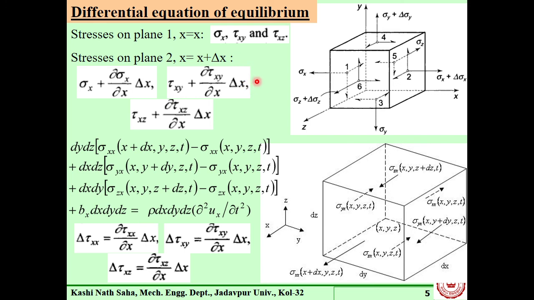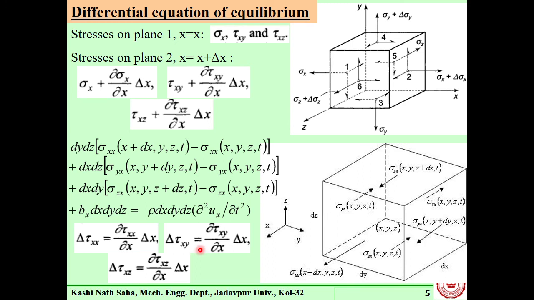This has to be delta y, this has to be delta z, because this variation is along x and y. There is some mistake here in the slide, which I should correct. Whatever, you understand the thing, right?